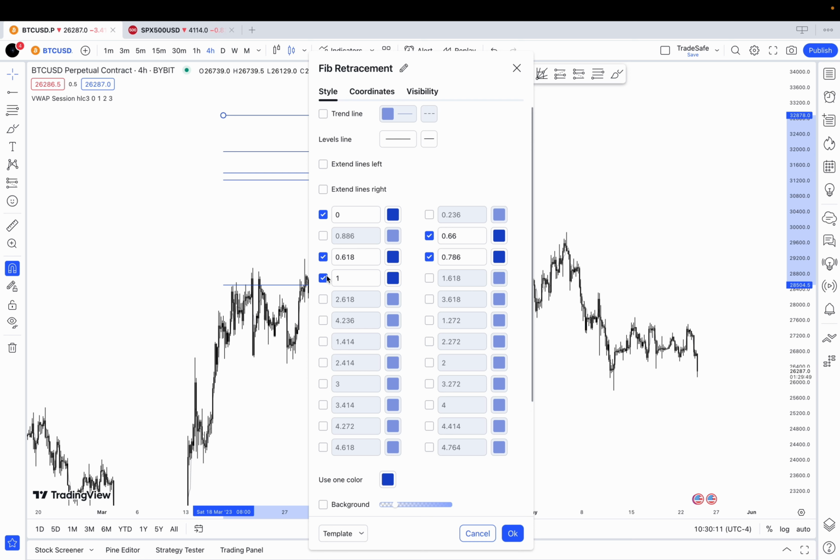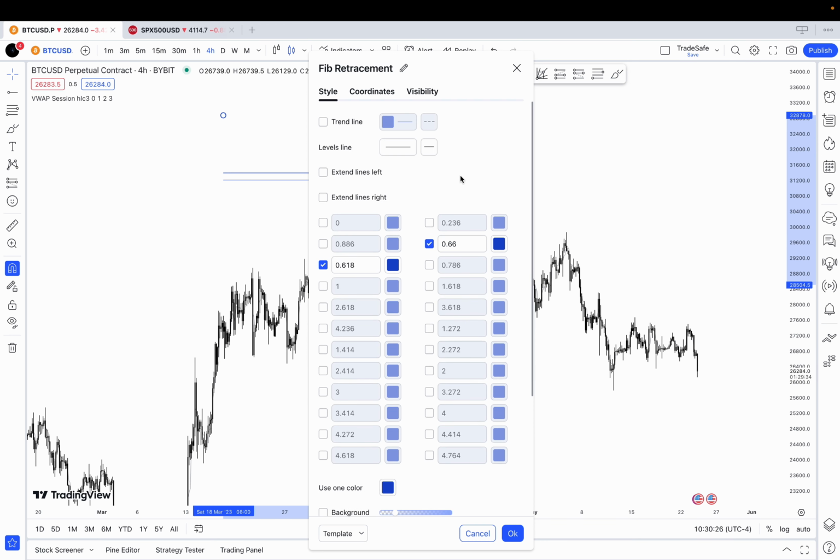The 0.786 would be a level to be just a little bit wary of. But now that I'm actually thinking about it, I really just want to go over the 0.66 and 0.618. So if you need to get your Fibonacci pulled out, get those settings pulled out as well. And then let's get into it.